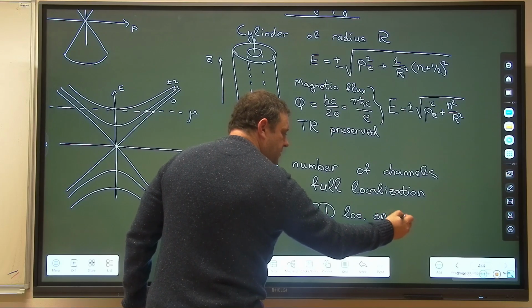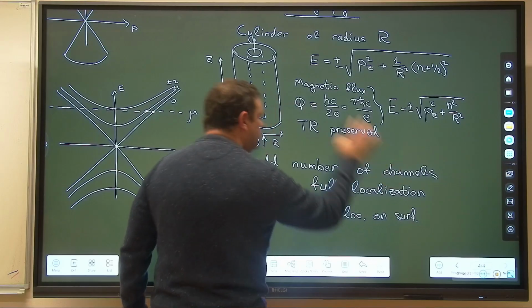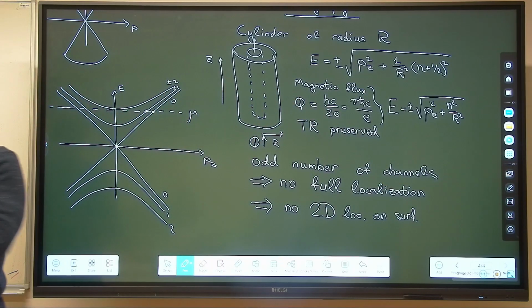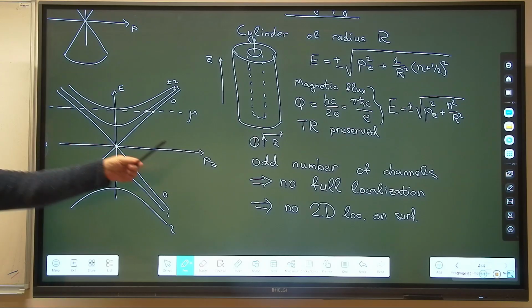Why? So there was a two-dimensional surface. We made a cylinder out of a two-dimensional surface. If this two-dimensional surface was fully localized, it would have some localization length. So each wave function, each electron will live only on some finite scale. We can make a cylinder which is much larger than this localization length, much larger.